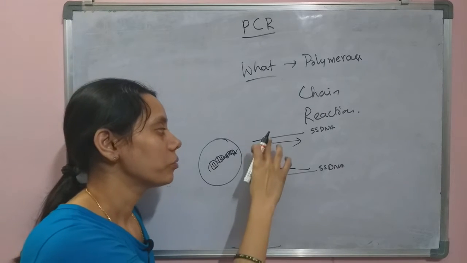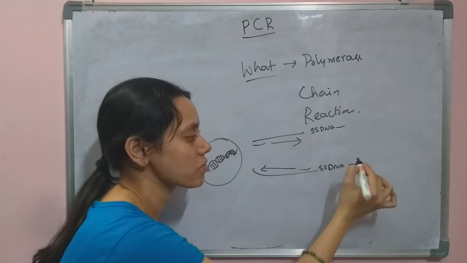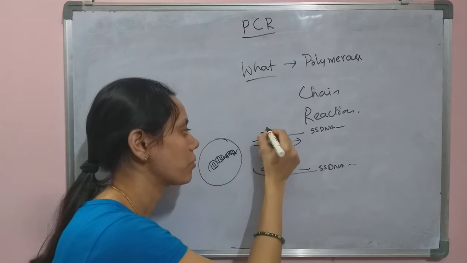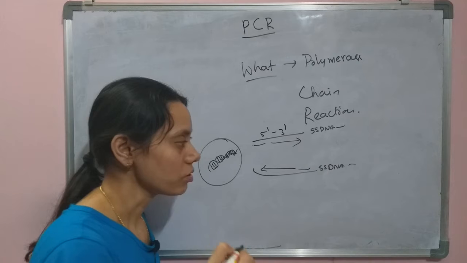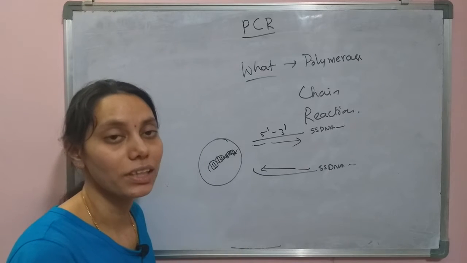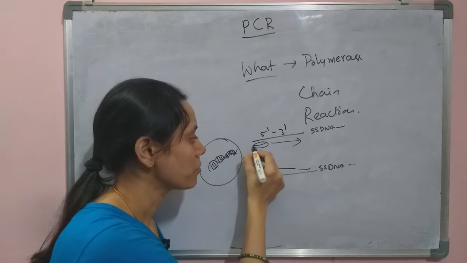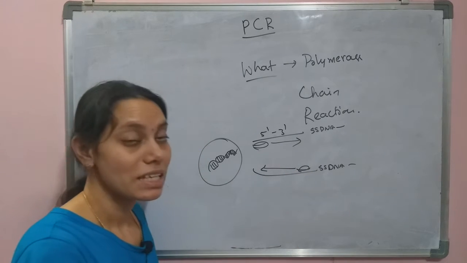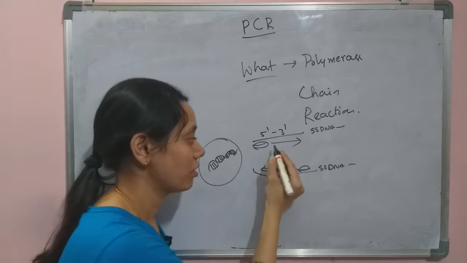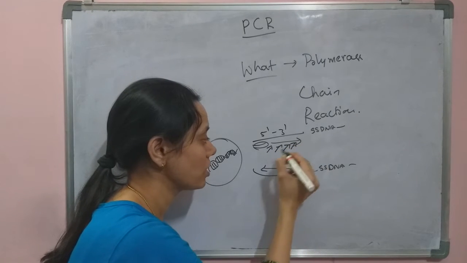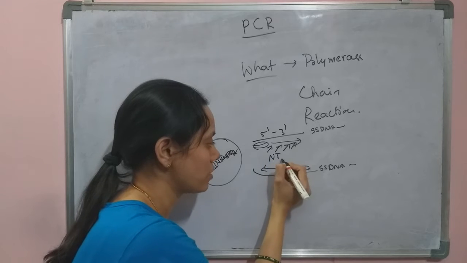The complementary strands for each single strand of the DNA will be synthesized in the direction of 5' to 3'. That is the directionality of the DNA replication. Here these primers will initiate the synthesis of complementary strands by sequentially adding nucleotides.